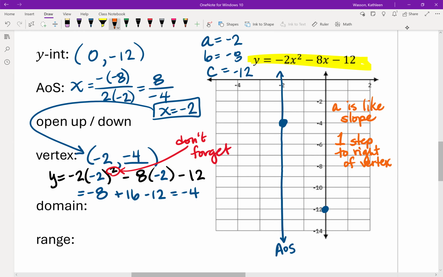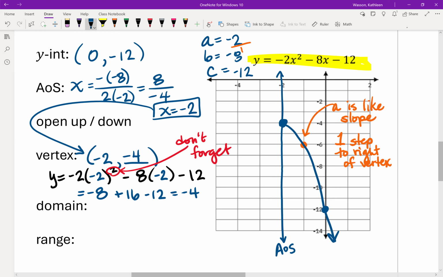So I can go right 1. Well, it's -2/1. So I would go down 2 and right 1. And I'm using A to find this point. Now I have 2 points to the right of my vertex, so I can draw in the curve.